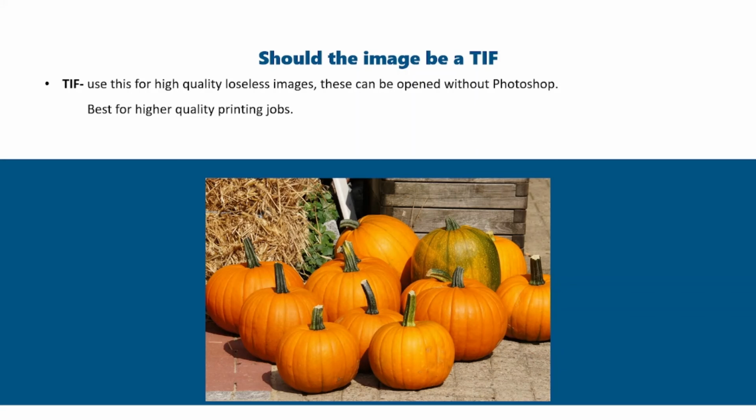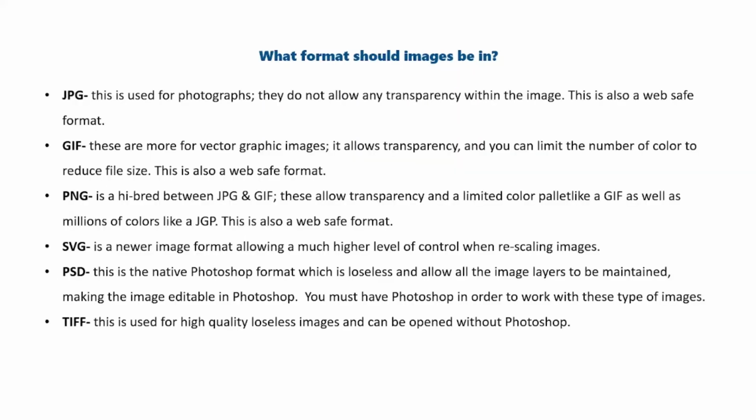I hope that this clarifies a little bit of the different types of images. So just as a quick review, JPEGs, they're going to be used for photographs. They don't allow transparencies with the image, but they are a web-safe format. GIF, these are more driven or geared to vector-based graphics.